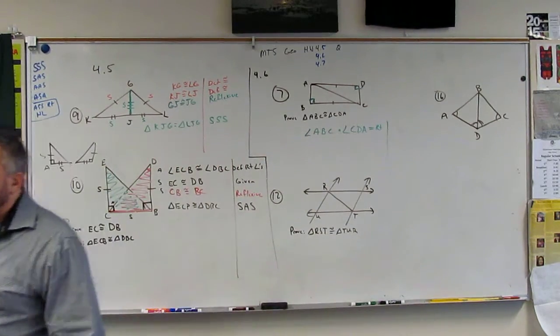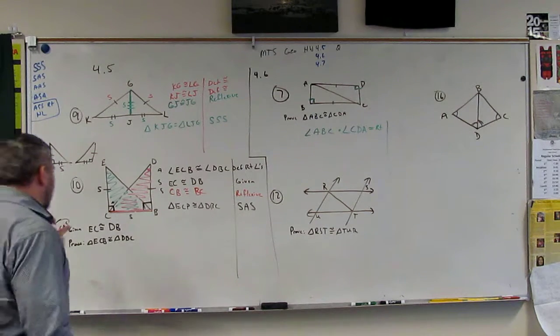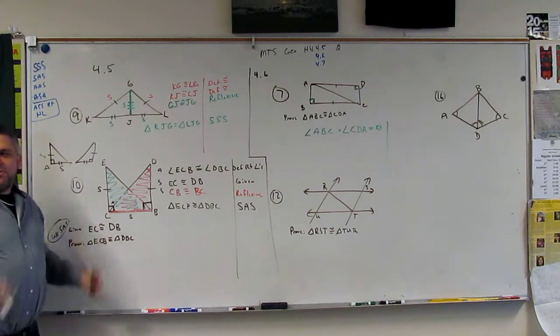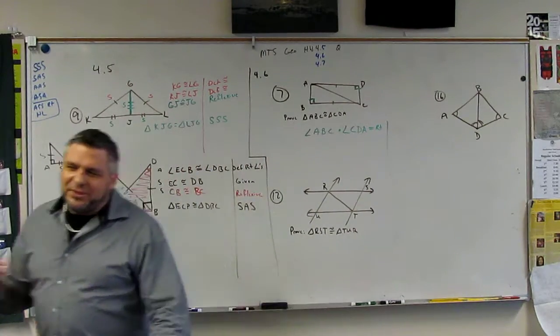Correct? Now, why am I going for the fact that they're right angles? They're congruent. Yes, they're congruent. But over here I said, hey, they're going to be congruent. But over here I'm saying, hey, they're right. Why am I doing the two different things?